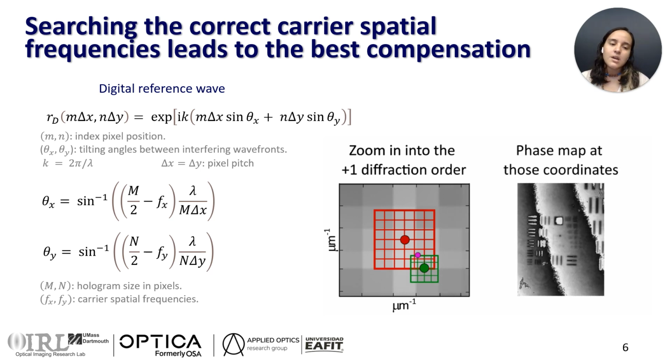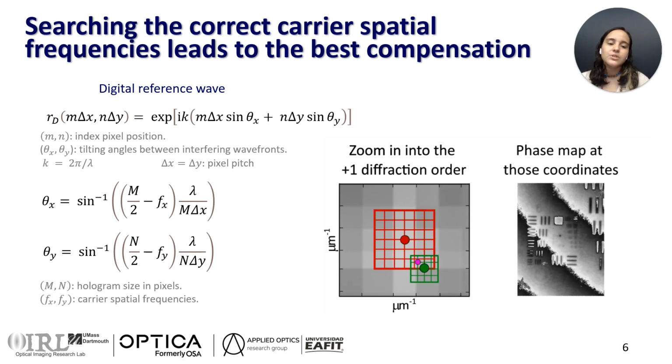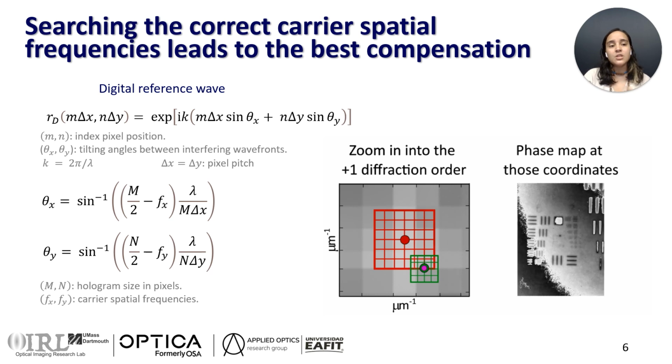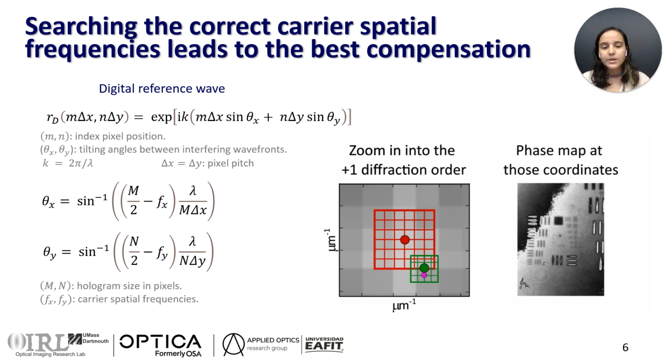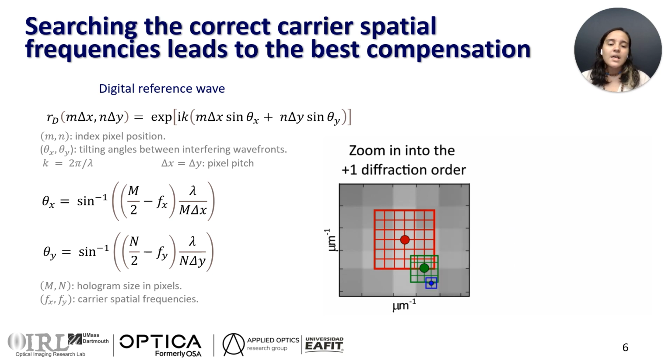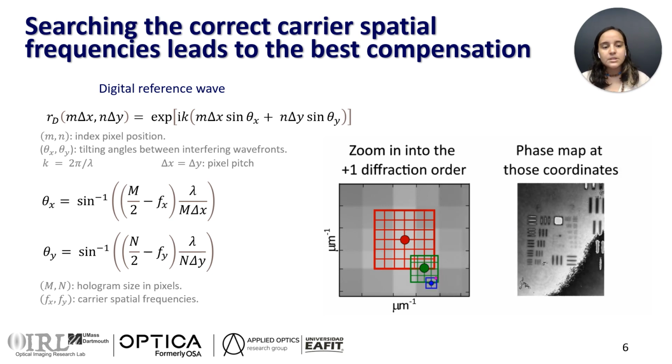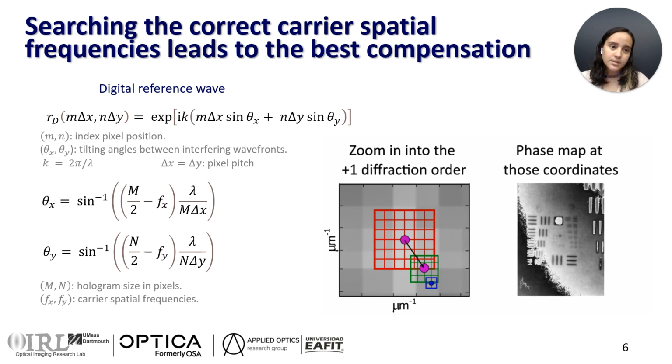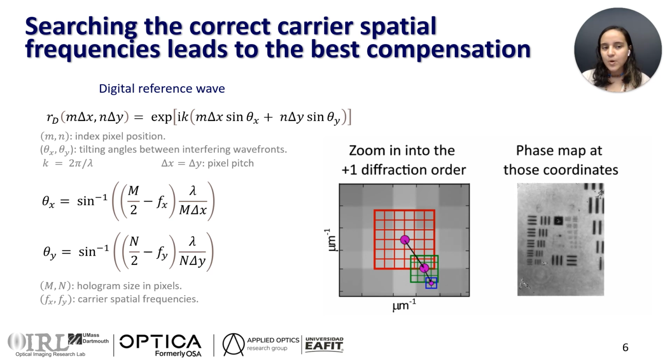So let's see how we validated this method. The first metric is the mean slope metric, in which we take four slopes over the phase image. Why? Because we know that if we're compensating correctly, we will obtain flat phase maps.